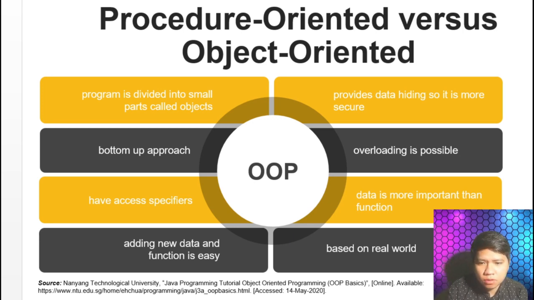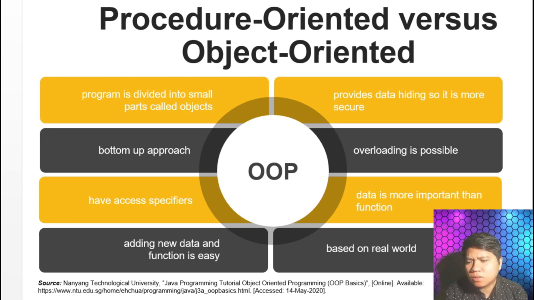Overloading is possible. It has access specifiers. In OOP, it is important that you identify the right access specifier, just like private, protected, and public. Data is more important than function. And adding new data and function is easy in OOP. And it is based on real world because we identify objects as an important requirement in every program.